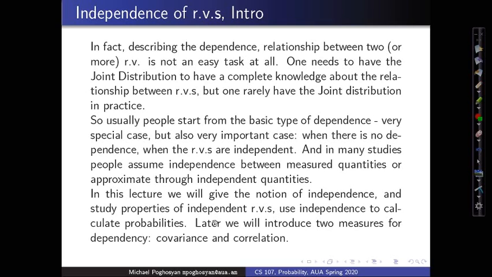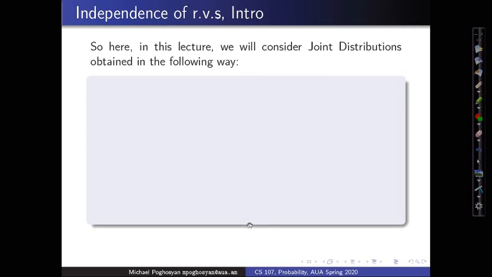And in our next lectures, we will introduce two measures of dependency, covariance and correlation. They measure linear dependency between two random variables. Let's keep that for the next lectures and today cover the independence case.